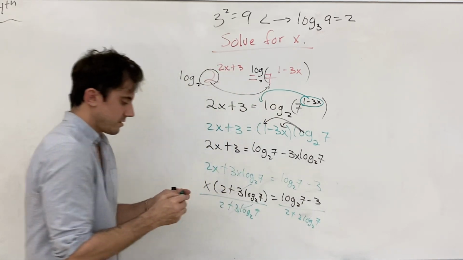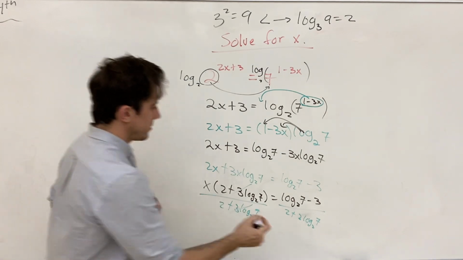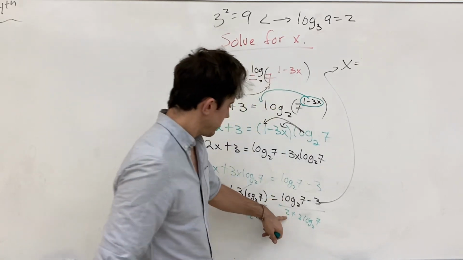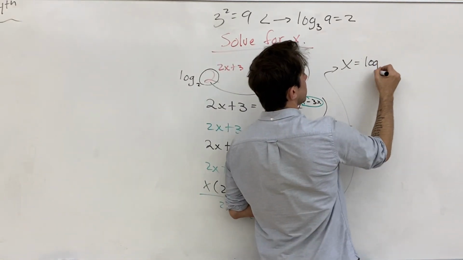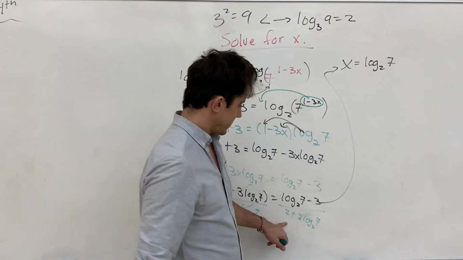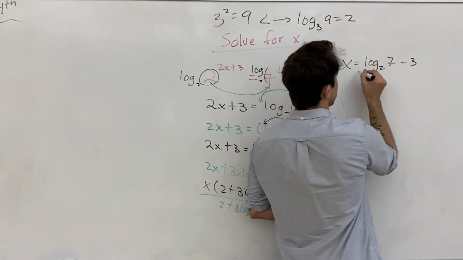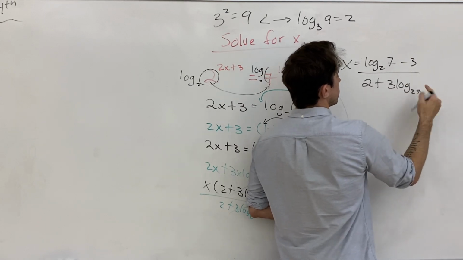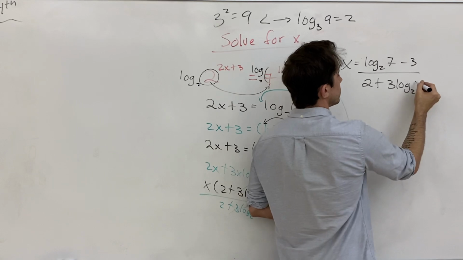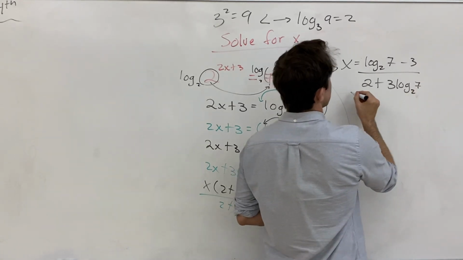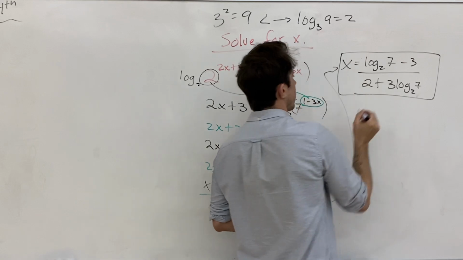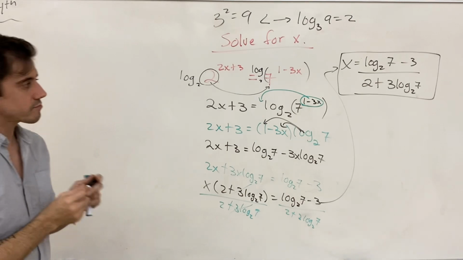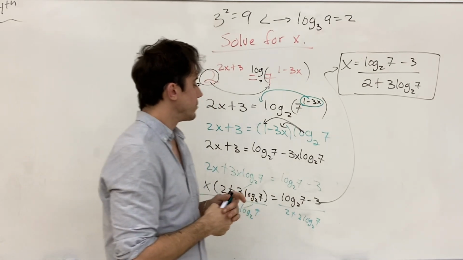These cancel out, and we finish our solution by stating that x is log base 2 of 7 minus 3 over 2 plus 3 log base 2 of 7. And we can pop that into a calculator. It'll give us some decimal number, but we're done.